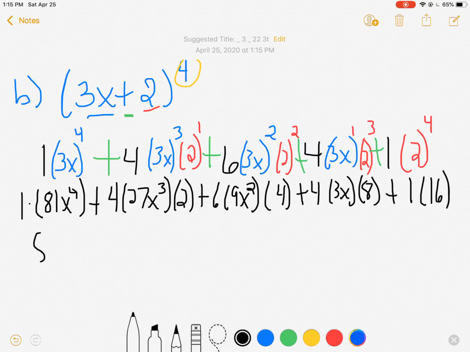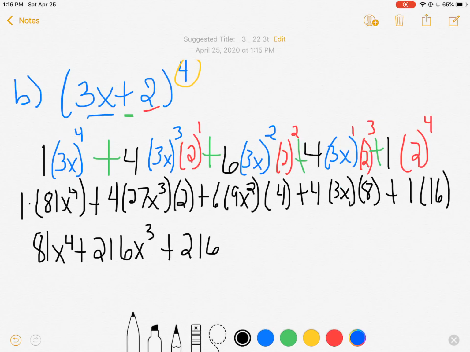So 1 times 81 is 81x to the 4th. 4 times 27 times 2 is 216. And then we've got an x to the 3rd variable. 6 times 9 times 4, again is 216.